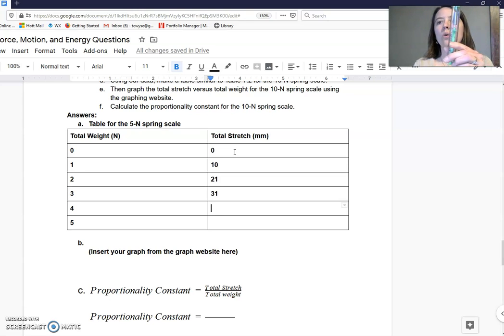And pulling down 4 newtons gives a stretch of 41 millimeters, and then 5 newtons of force gives me a stretch of 51 millimeters. And we should go back and put in all of our units.